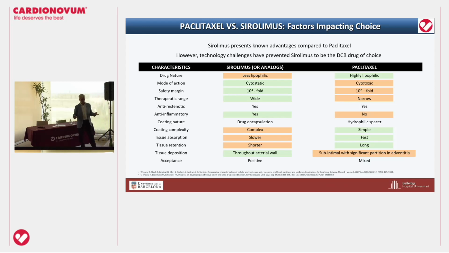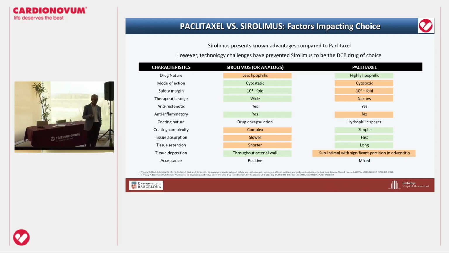For example, in drug-eluting stents, the paclitaxel-eluting stent, the Taxus, of the first generation of drug-eluting stents, was withdrawn from the market because of toxicity, the formation of aneurysms and the like in follow-up. So the therapeutic range is wide for sirolimus and narrow for paclitaxel.